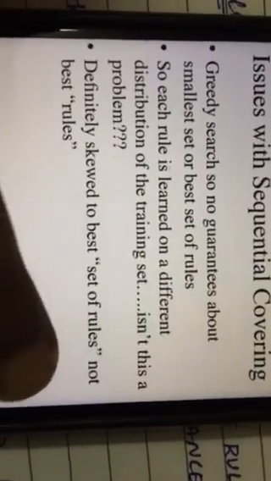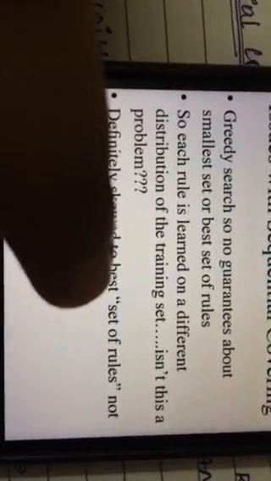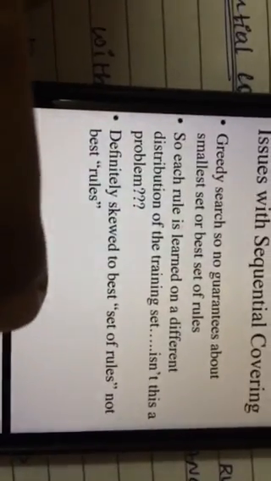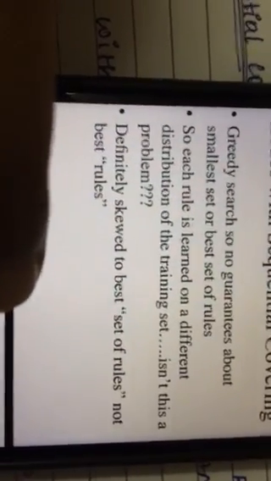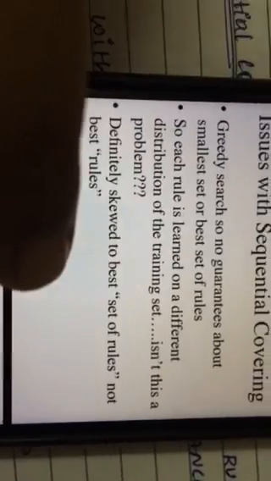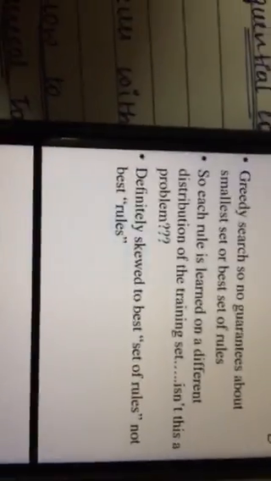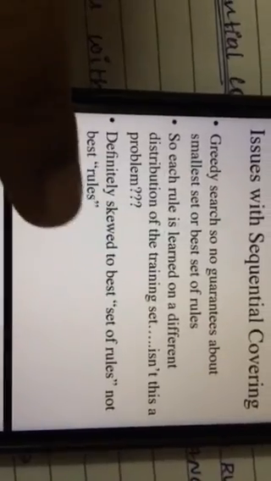Suppose I have 5 training examples in a data set, 5 rows. For each row one by one we are going to get a rule. We are going to perform the sorting process, and we'll get 5 different rules, but we didn't get a best rule since the error is still not reduced here.